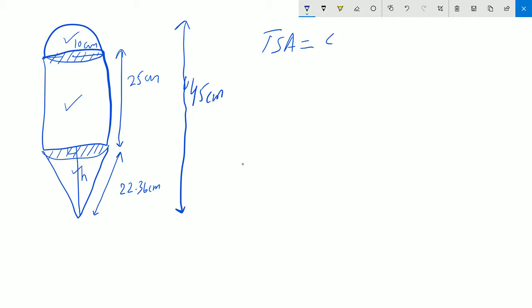So we're going to calculate the curved surface area for the hemisphere. We'll add that to the curved surface area for the cylinder, and then we'll add that to the curved surface area for the cone.